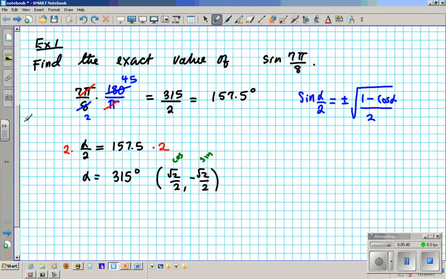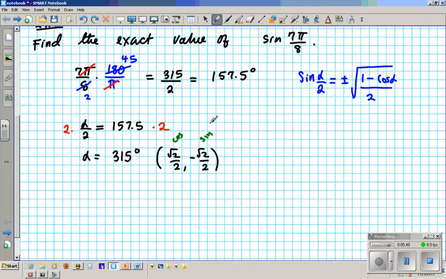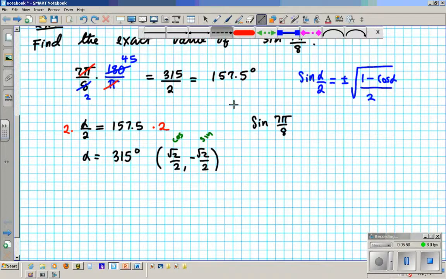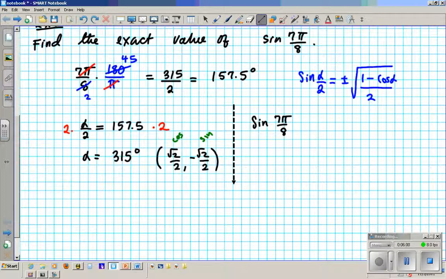Okay? So let's apply this formula to this problem. So in this problem we have sine 7 pi over 8. Let me partition my workspace. Sine 7 pi over 8 is the same thing as sine 157.5.